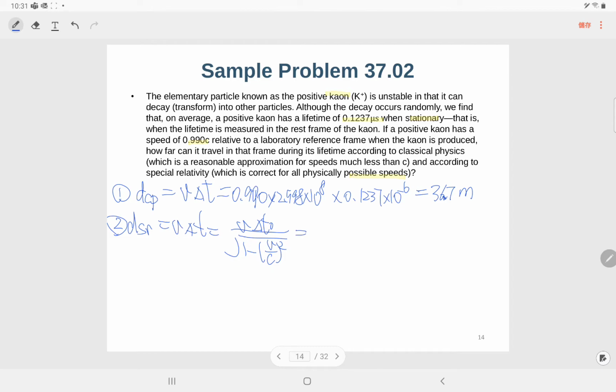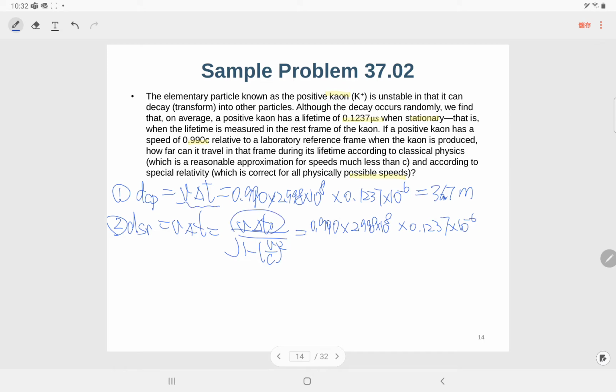So in this case, it should be 0.990 times 2.998 times 10 to the 8, and then times 0.1237 times 10 to the minus 6.